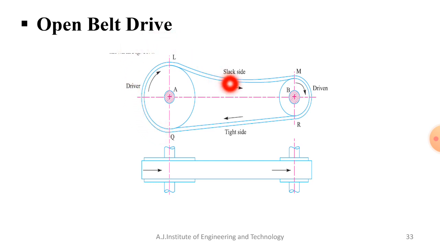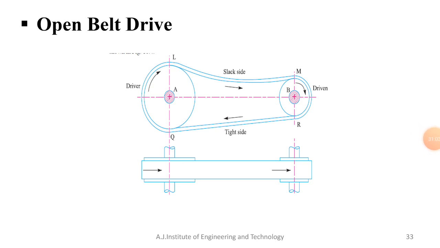Similarly, during rotation the belt may be subjected to centrifugal force, and because of that there will be one more tension, called centrifugal tension. There will be so many tensions, but two are very important: tight side tension and slack side tension.